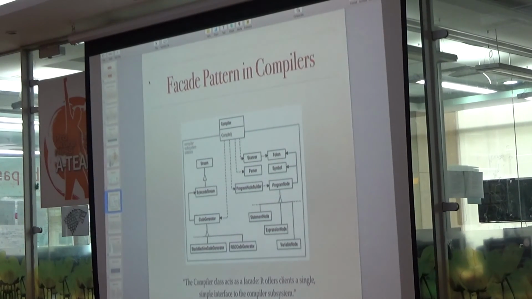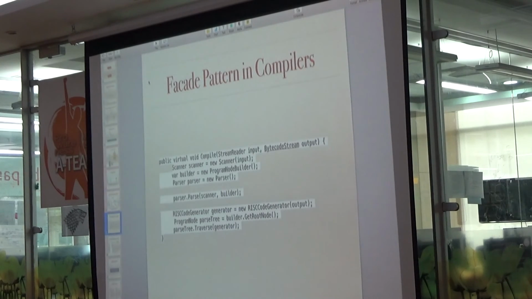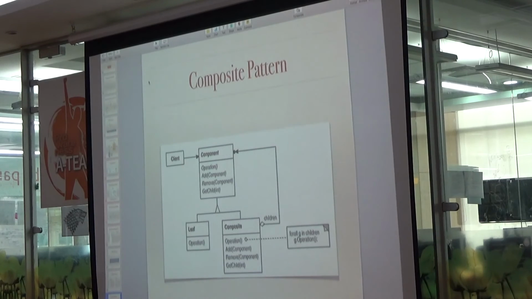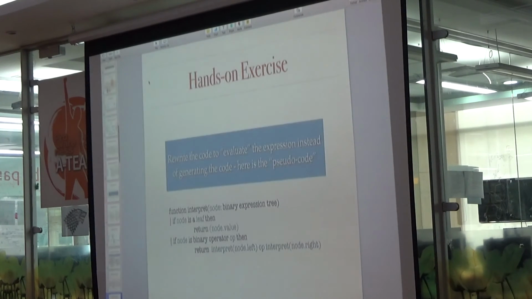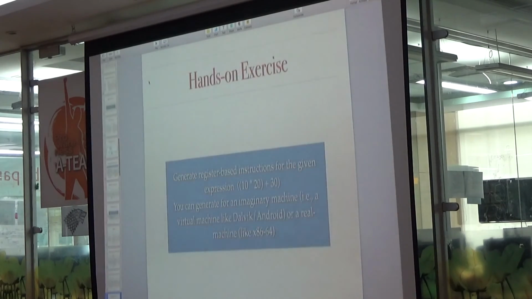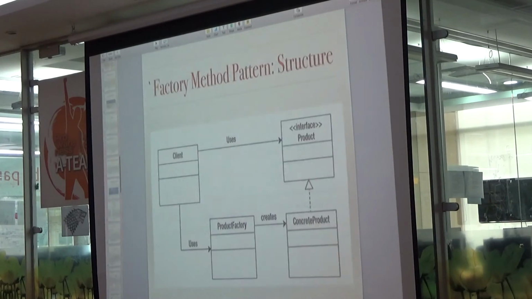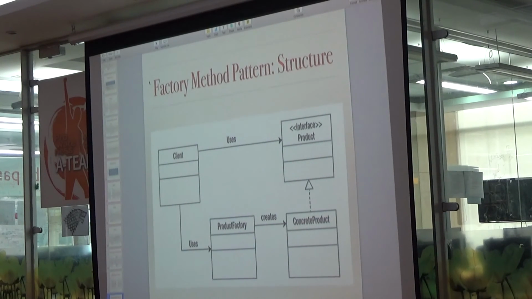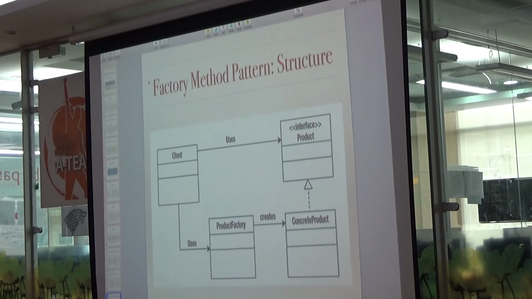We do have it in the code generator. Stream: one pattern, one inheritance. Composite, yes. Do you see inheritance in factory method? It is there actually. This is the concrete product, inheritance.